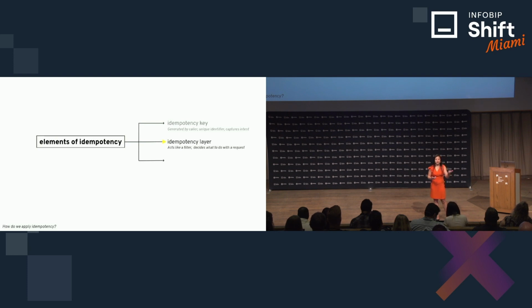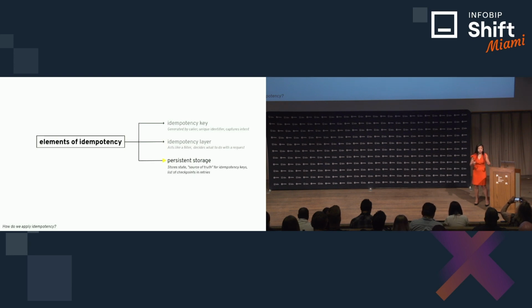It's going to take that idempotency key along with the rest of our request, and look at the information in it and say, what do I do with this? How do I deal with this? Have I seen this before? And then lastly, the last element of idempotency is some sort of persistent storage, because this is what stores our state.